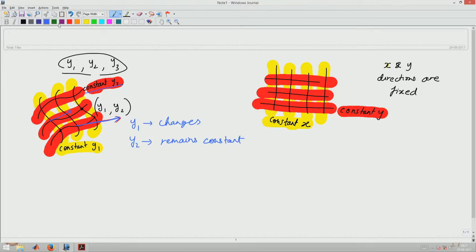Similarly, I can also look at an alternate set of vectors, for example, here or here, or in this case here. These are all the directions in which y 2 changes, but y 1 remains constant.